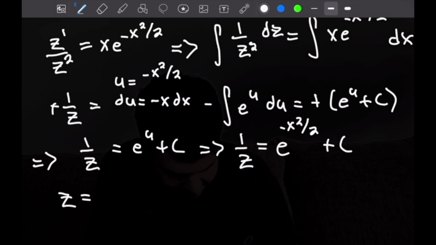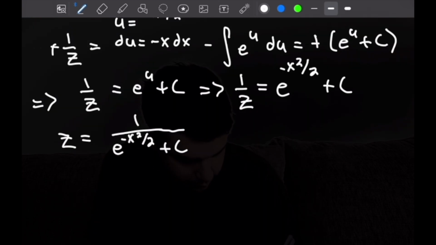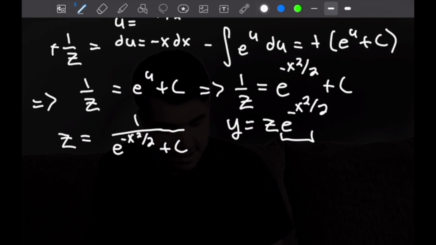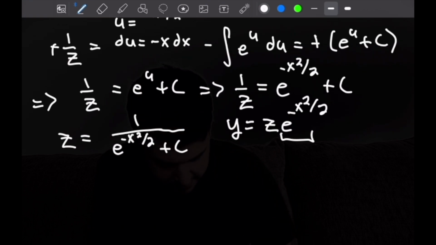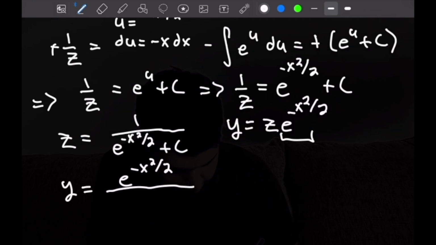And solving for z gives us 1 over e to the negative x squared over 2 plus c. If you recall, our substitution was y is equal to z times e to the negative x squared over 2. So if we multiply the right-hand side by this e term here, we can write a y on the left-hand side. So we'll get y is equal to e to the negative x squared over 2 over e to the negative x squared over 2 plus some constant c.